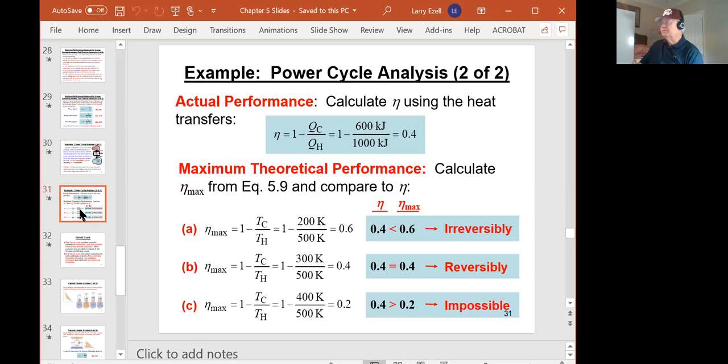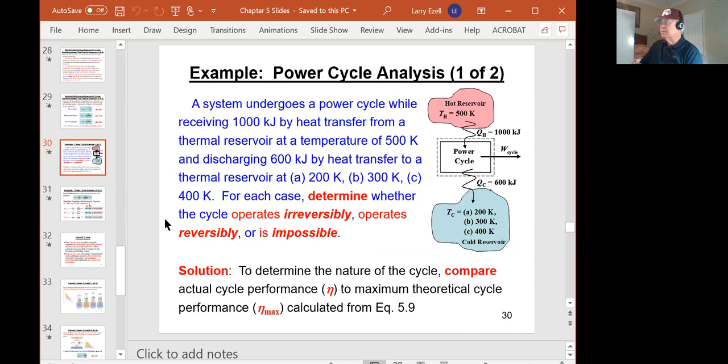Okay, let's go here. All right, A, this is TC over TH. TC for A is 200 degrees. So we go through this calculation and we get 0.4. Let me go back to this slide.